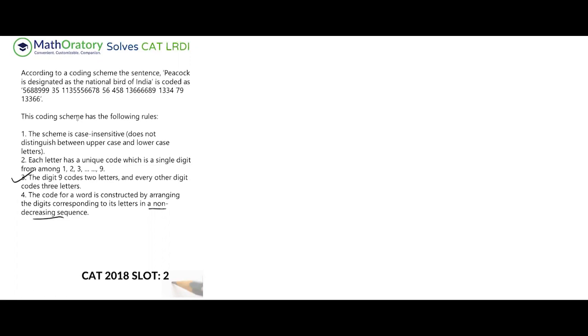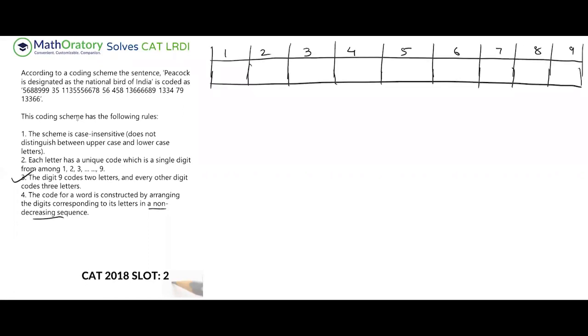So we are going to use two things to solve this. One is I'm going to use this structure, these digits here. Let me just build this table once. Each of these digits, 1 to 8, every digit will have 3 letters associated with it.